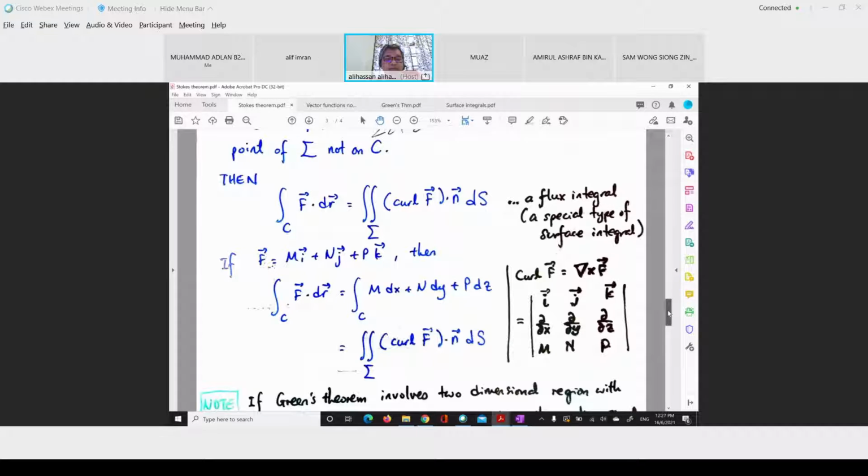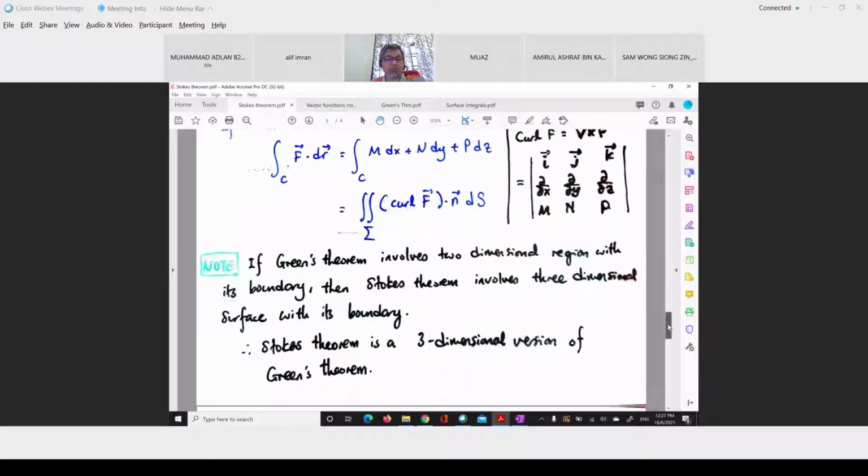Let's compare this Stokes' theorem with Green's theorem. As I said just now, Green's theorem involves a two-dimensional region with its boundary, while Stokes' theorem involves a three-dimensional surface with its boundary. So Stokes' theorem is a three-dimensional version of Green's theorem.